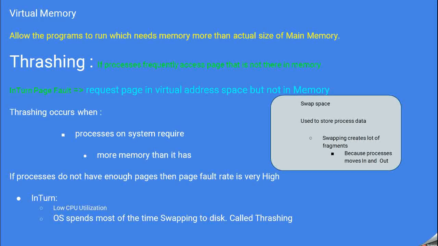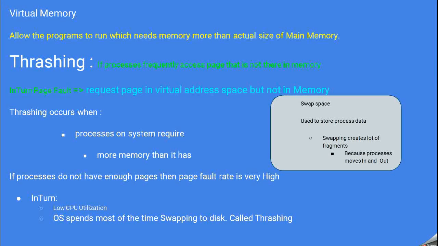Thrashing occurs when the processes on the system require more memory than it has. For example, if you have a very small memory and everything you want to load is on the secondary memory, but each and every process will try to go for each of its own pages, and it will keep on swapping in and swapping out, and every time a page fault will occur.